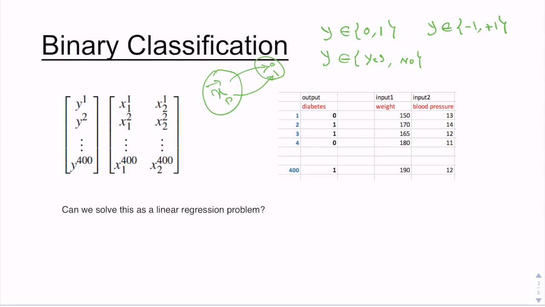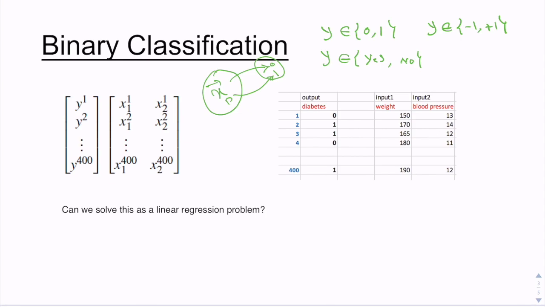Consider this example where patients are visiting a clinic, and we would like to see whether they are suffering from diabetes or not. If they don't have diabetes, we label them 0. If they have diabetes, we label them 1. And what are the features here? The features are based on the weight and also the blood pressure of that person.